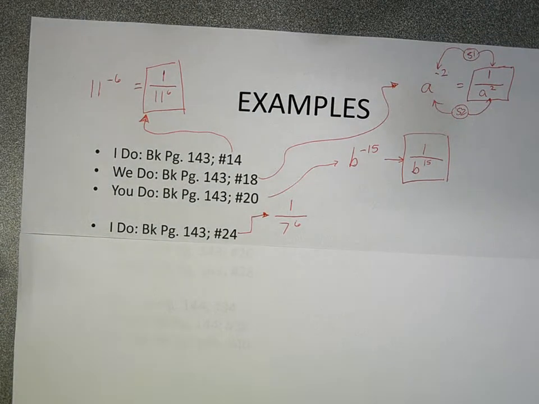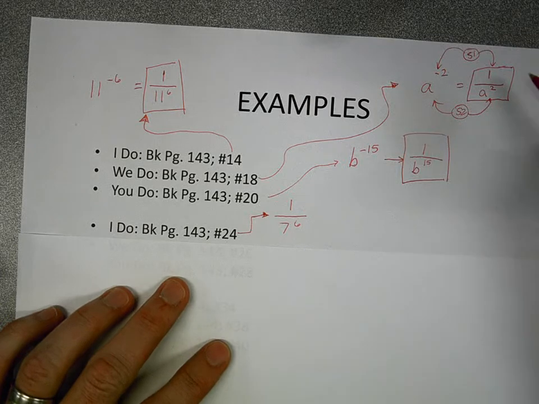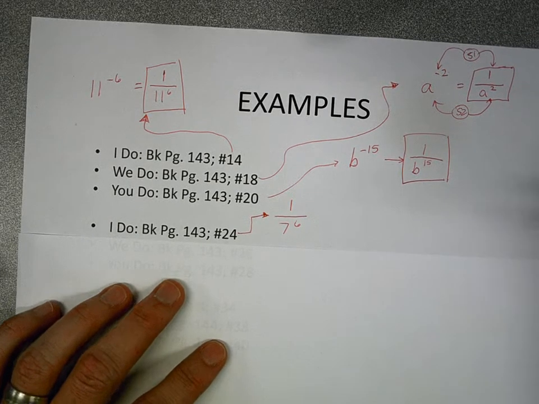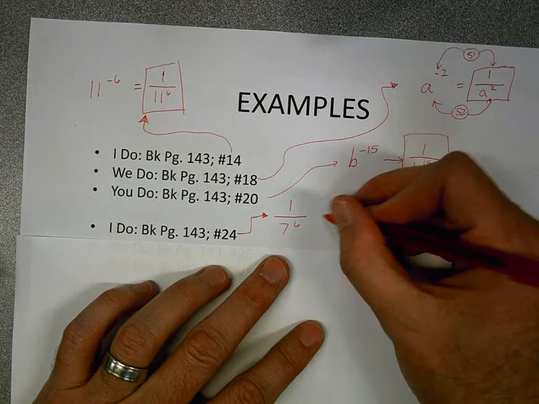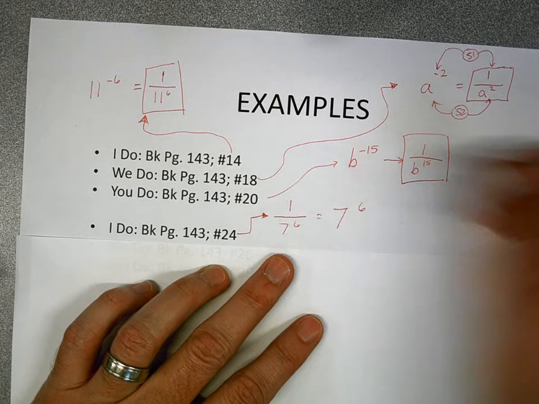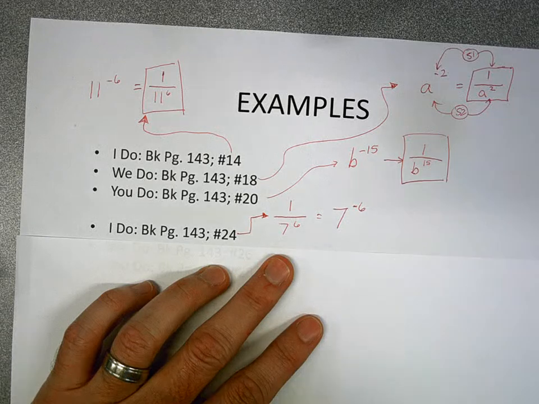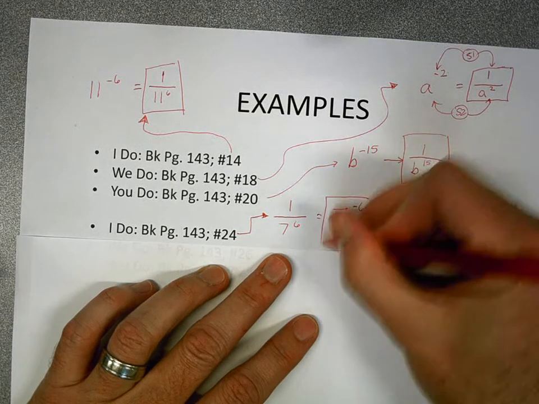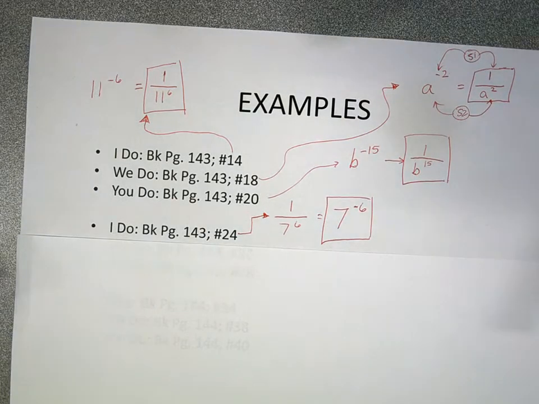Here's all they want you to do. They want you to just do this problem, but work the other way. So if you're going to do this, here's all you do. Remember, 7 to the 6th power? But the numerator of a 1, of course, creates the exponent of negative 6. And that's all they're having you do.